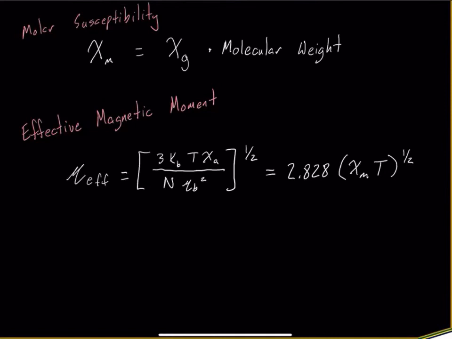So how can we finally get to our number of unpaired electrons? This is the final equation, the final step in this process. How does the effective magnetic moment relate to our number of unpaired electrons? So this effective magnetic moment is equal to n times n plus 2, all to the 1/2.